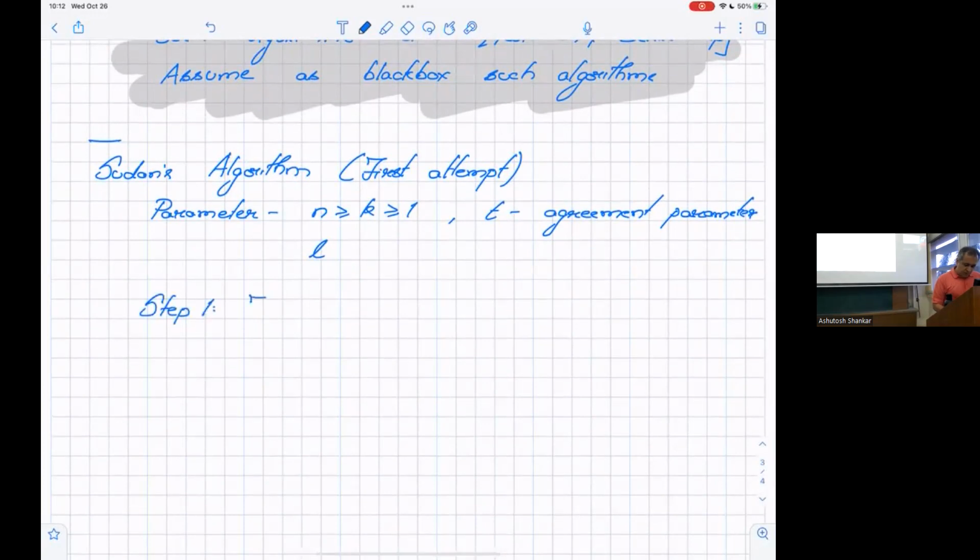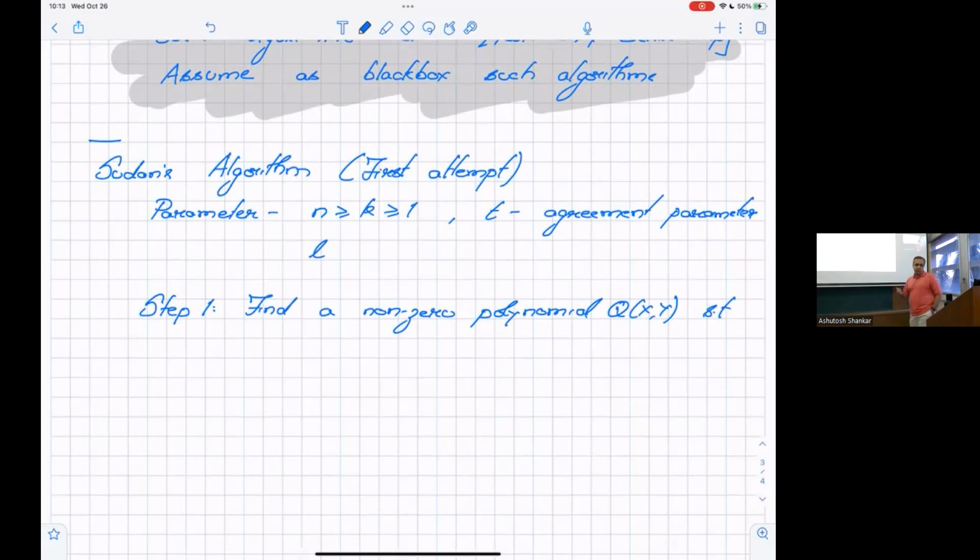will be: find a non-zero polynomial Q of x, y such that, now I need to put restrictions on this one.